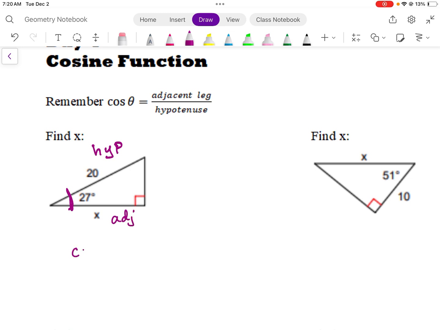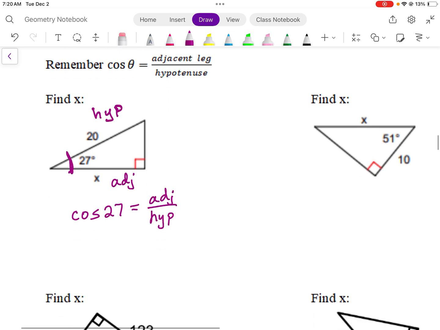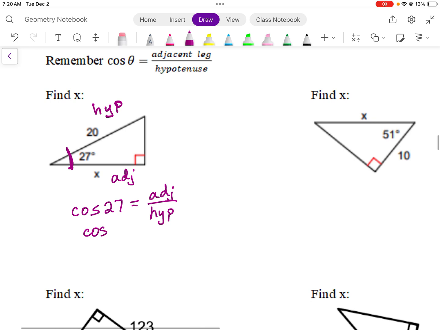So cosine 27 is adjacent over hypotenuse, or cosine 27 is x over 20. Cross multiply, so I have 20 times the cosine of 27 is equal to x.